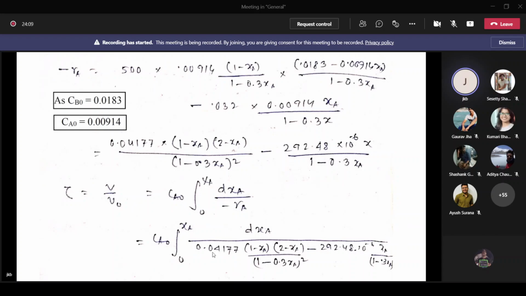Now see, if you try to integrate this, it is very difficult. I told you in the last class, if possible you can go for integration, then substitute conversion and find the reactor volume. But in this case, you should proceed by graphical analysis, or the graphical method.